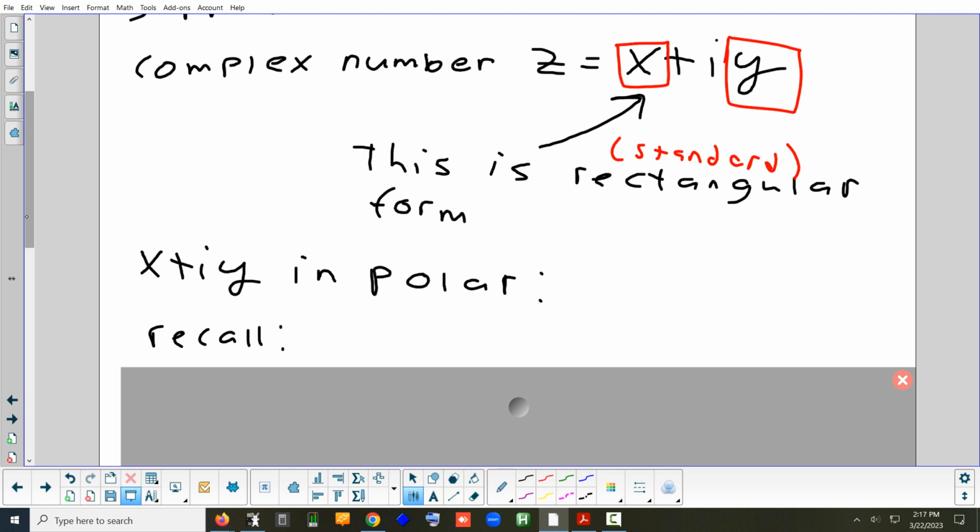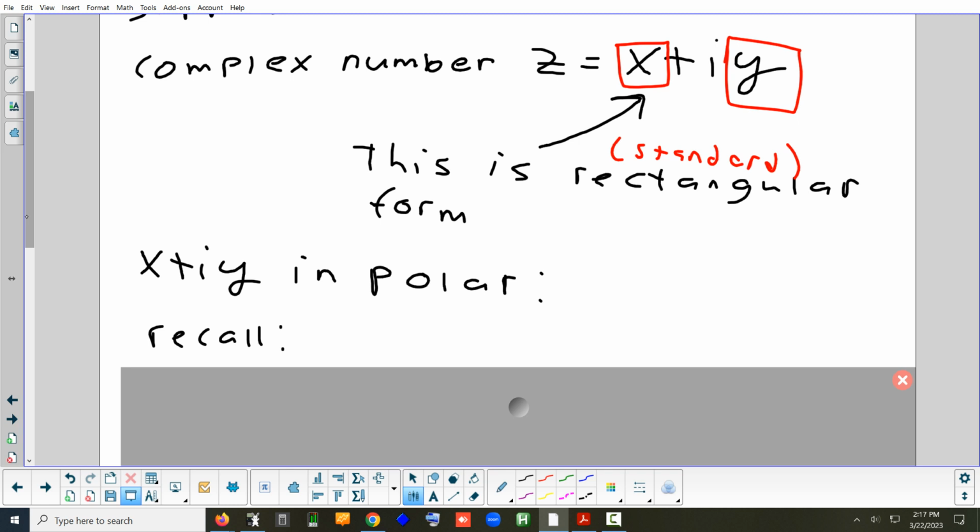Does anybody remember from Monday? We wrote X equals, then we had a formula. It's the formula we had to find X. This would be under converting polar to rectangular.